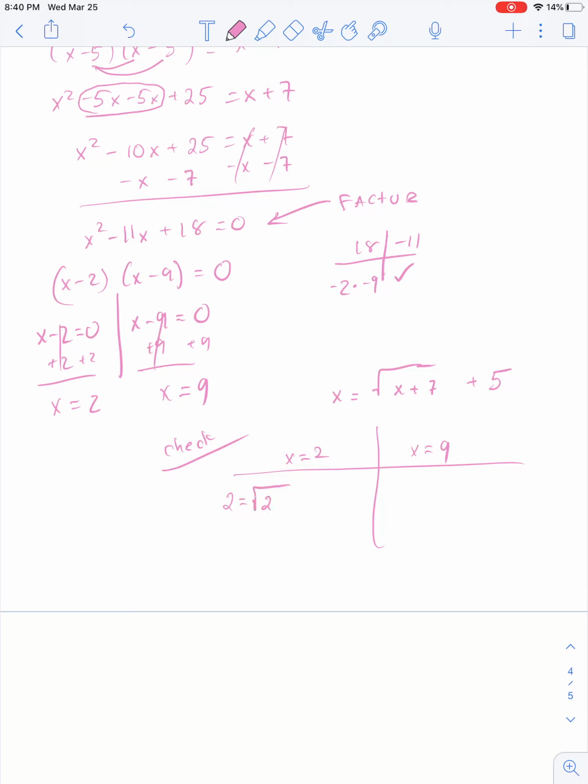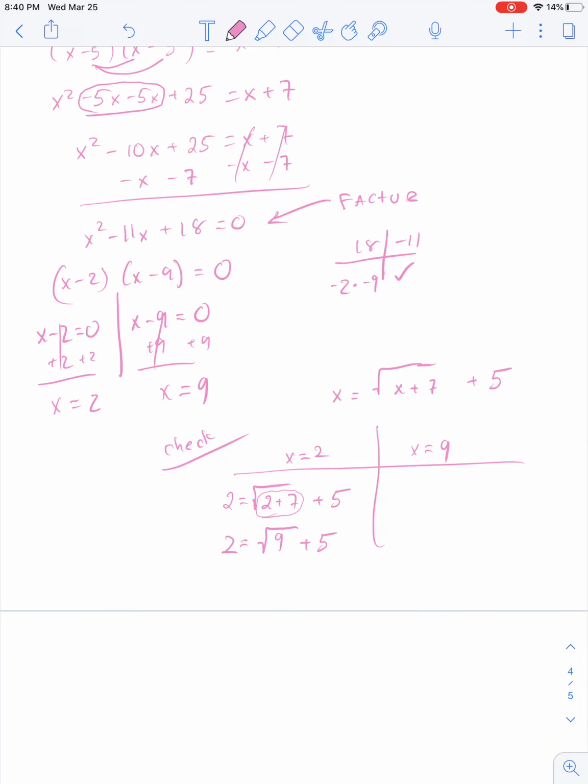We get 2 equals square root of 2 plus 7 plus 5. All right, 2 plus 7 gives us 9. The square root of 9 is 3. And we see that we get 8, so this is no good.